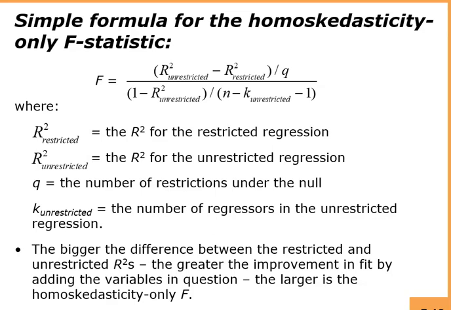If there is a substantial improvement in R squared when we include the variables which are part of our null hypothesis, then we can say that including those variables actually adds to the regression, which would also mean that the coefficients for those regressors are not equal to 0, meaning we can reject the null hypothesis easily if there is a higher difference between the R square obtained from the unrestricted and the restricted equations.